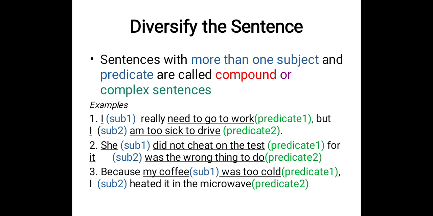Really need to go to work is predicate 1. I'm too sick to drive is predicate 2. And similarly, in sentence number 2 and sentence number 3, there are two subjects and two predicates. So they are not simple sentences. They are either compound sentence or complex sentence.